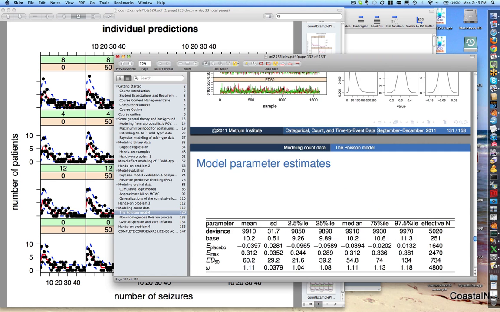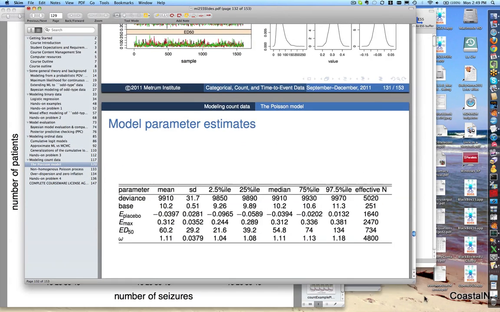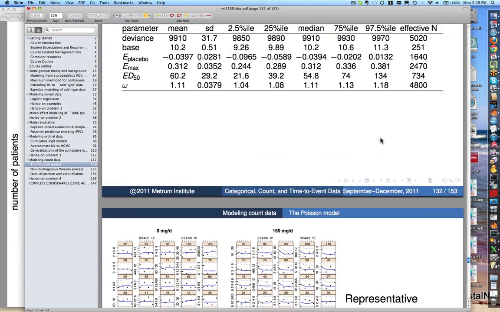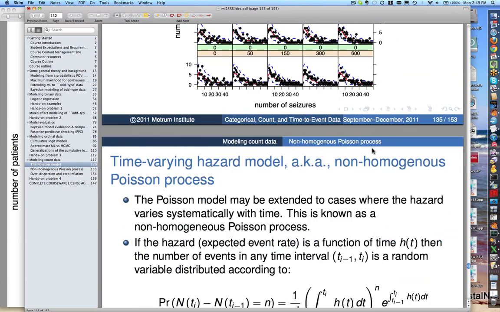Okay, I guess I didn't actually look at the model parameter estimates. This is just looking at those and trying to think if there were any stories I wanted to tell around it in particular. None that jump at me right now. And let's see, I had the same plots.